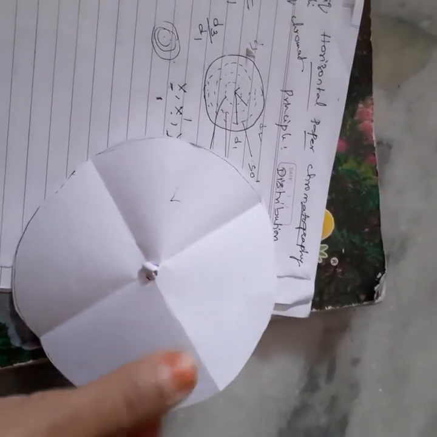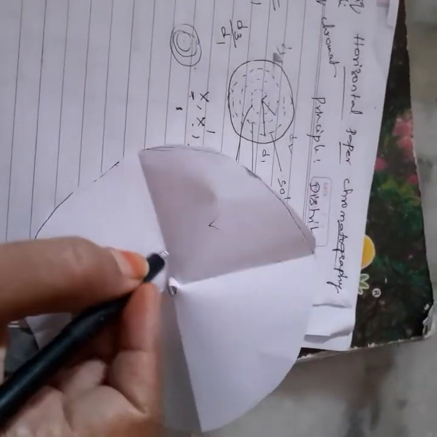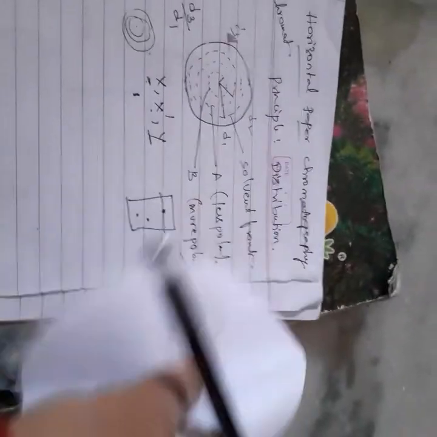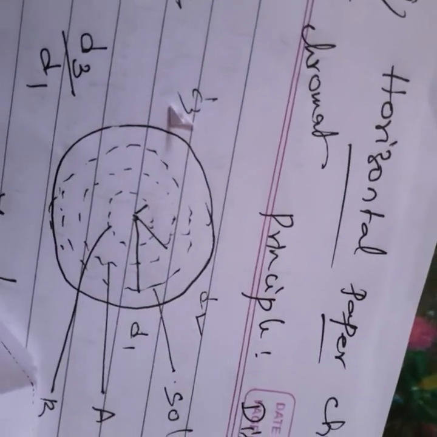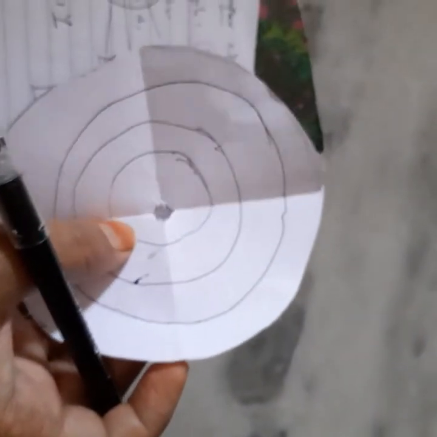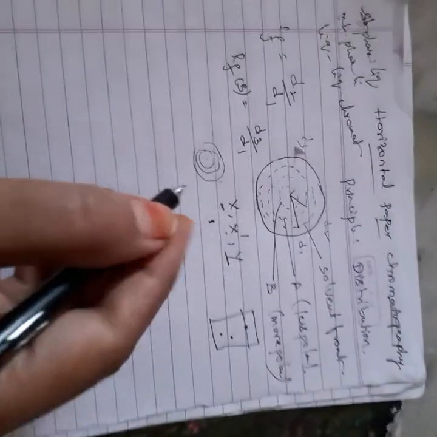After the drying, you will observe the circles like this. So that is the advantage of this horizontal paper chromatography.